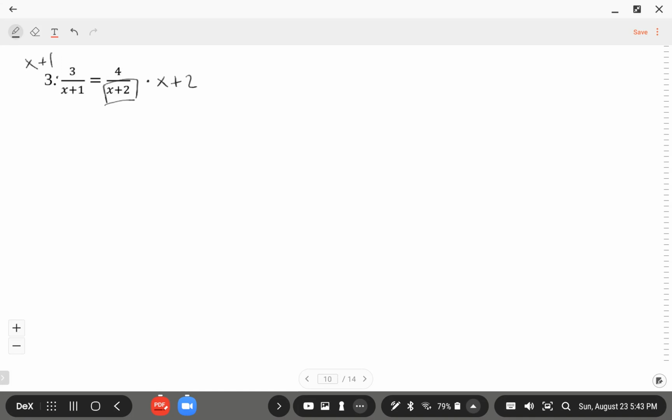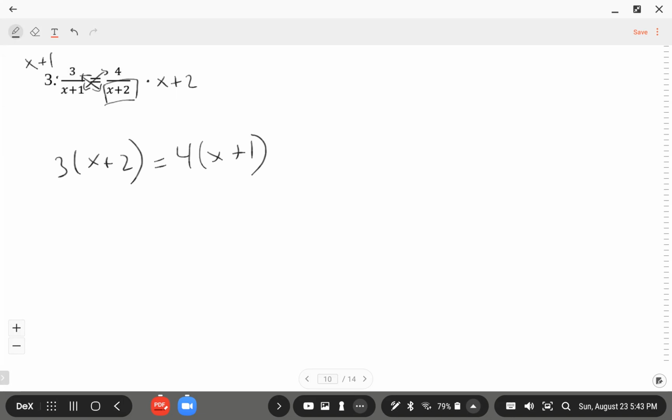And then you get something similar to this, okay? 3x plus 2 equals 4x plus 1. You just cross multiply, right? Just cross multiply. Okay? So you don't even have to think about it.